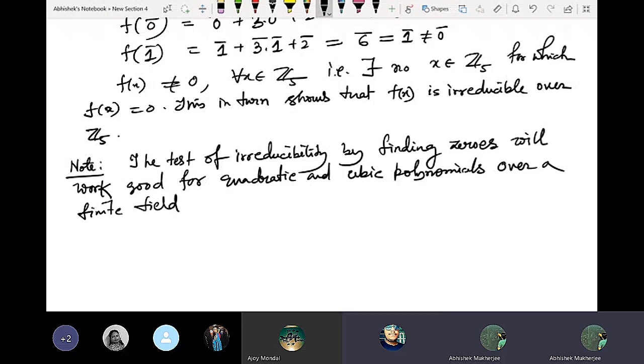That is, if you are considering a finite field, and the degree of the polynomials is 2, 3, maybe sometimes 4, over a finite field having a small number of members.